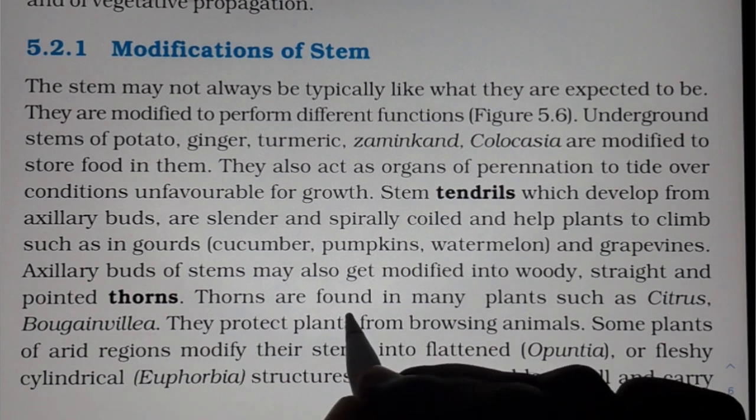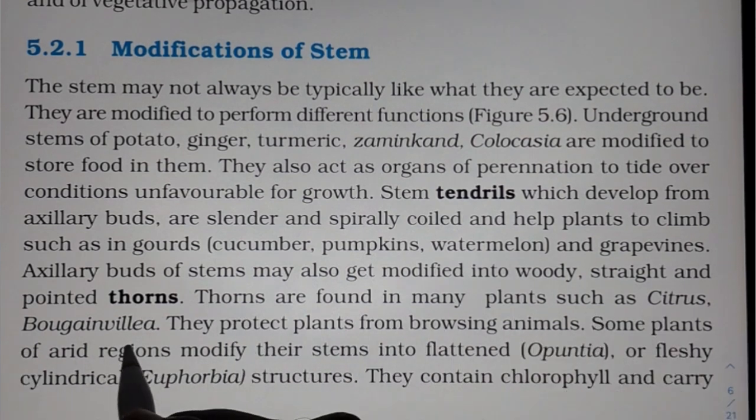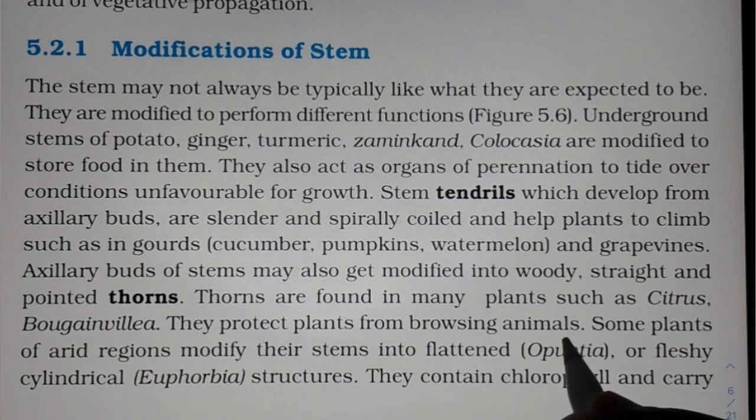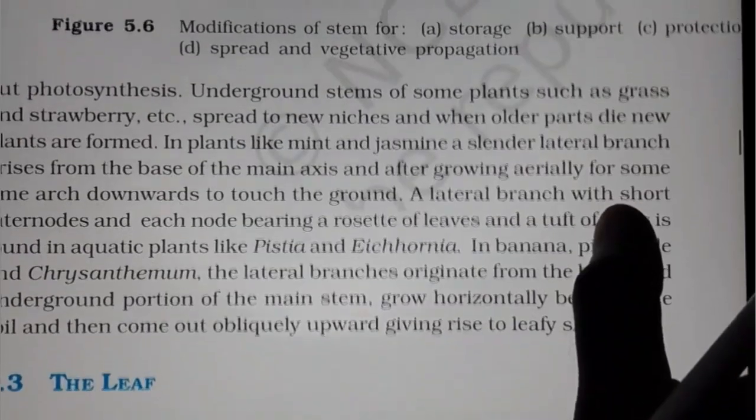Thorns are found in many plants such as citrus and bougainvillea. They protect plants from browsing animals. Some plants of arid regions modify their stem into flattened Opuntia or fleshy cylindrical Euphorbia structures. They contain chlorophyll and may carry out photosynthesis.